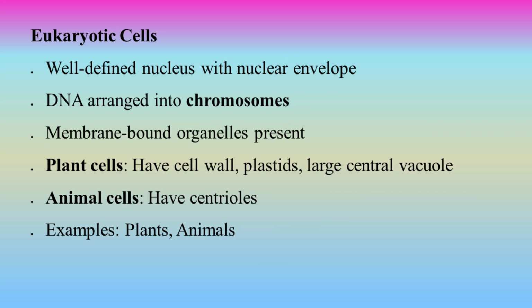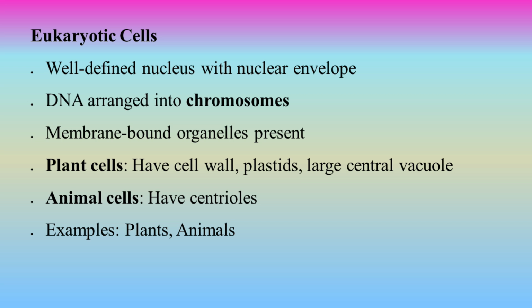Eukaryotic cells. Eukaryotic cells are complex and found in all higher organisms. They have a well-defined nucleus enclosed by a nuclear membrane, and the DNA is organized into chromosomes. They also contain membrane-bounded organelles like mitochondria, Golgi bodies, and endoplasmic reticulum.